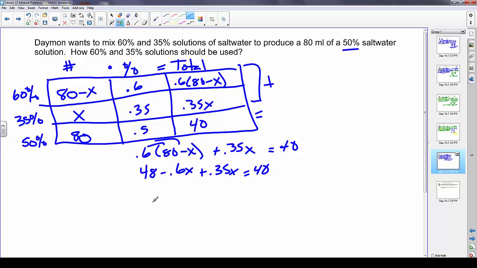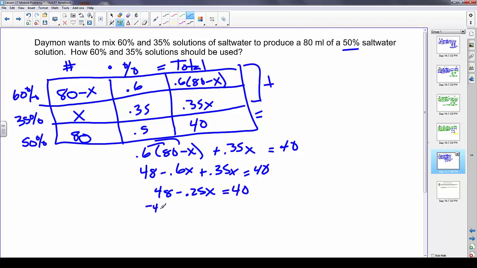I'm going to combine like terms. So I have 0.35 minus 0.6 is equal to negative 0.25, and that's equaling 40.